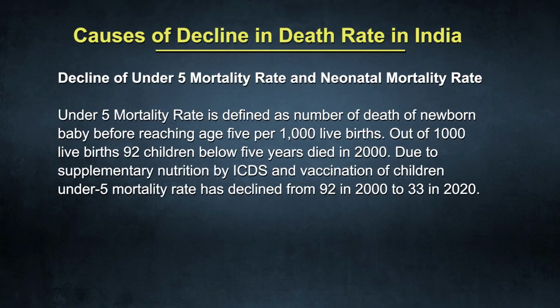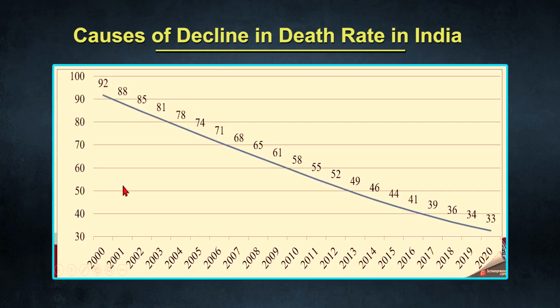In case of under 5 mortality rate, India also experienced a significant reduction. In the year 2000, the under 5 mortality rate in our country was 92. That is, out of 1000 live births, 92 children below 5 years died in the year 2000. And this under 5 mortality rate significantly decreased from 92 to 33 in the year 2020.